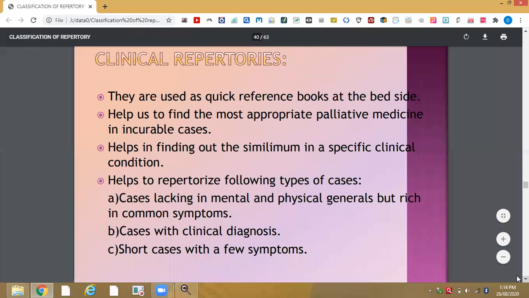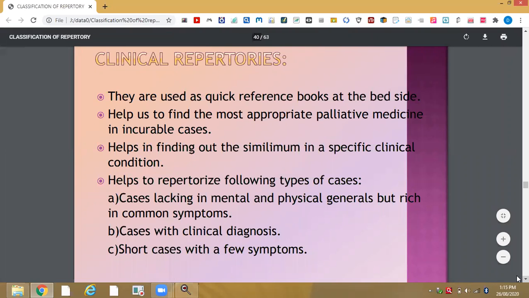Whenever we cannot find the proper simillimum, when we cannot get the proper symptoms from the patient, these repertories are helpful to find the indicated group of remedies. We also discussed the different classifications and subgroups of clinical repertories previously.